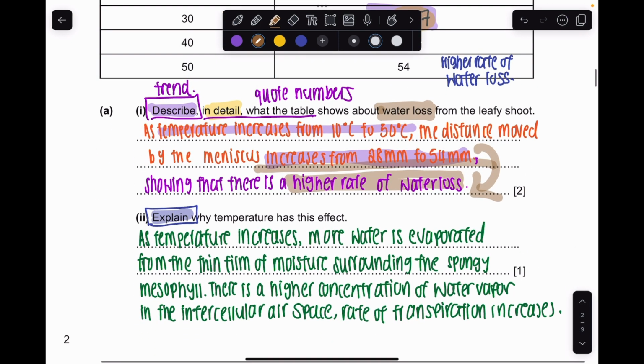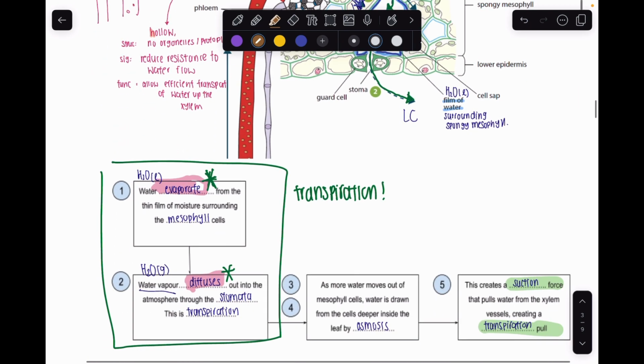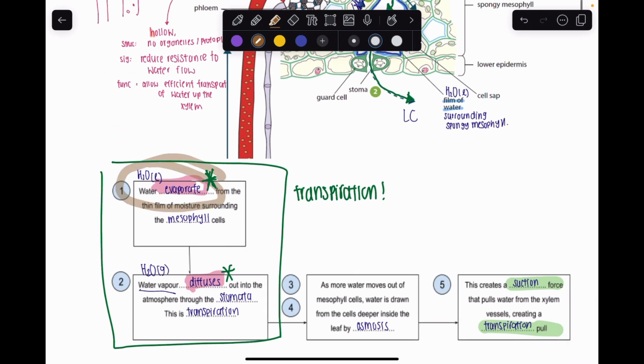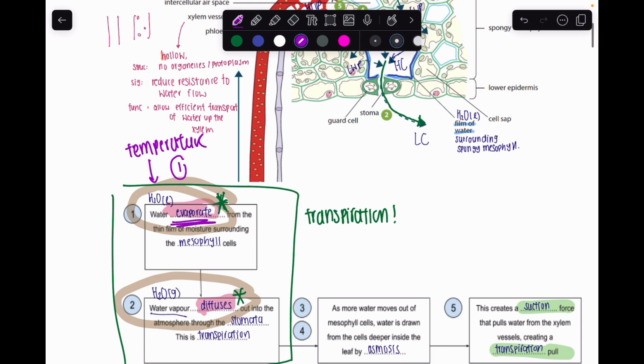Okay, then how do I explain this trend? So once again, remember when we think about transpiration, there are 2 main processes. There is the evaporation part first, from liquid water into water vapor, and then after that, you have the diffusion. So increasing the temperature will actually affect this first step over here, where higher temperatures will cause water to evaporate faster.